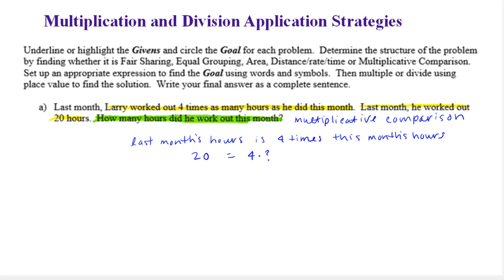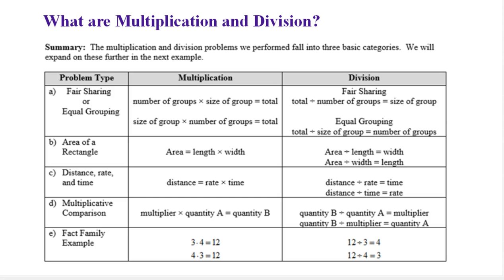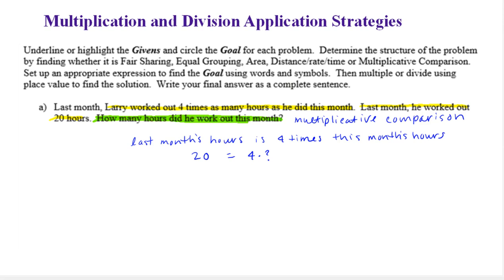Okay, you can also think of it in terms of the multiplicative comparison. We're given the multiplier and one of the quantities, so we're going to divide the quantity by the multiplier to get the new quantity. So this is equivalent to 20 hours divided by 4.